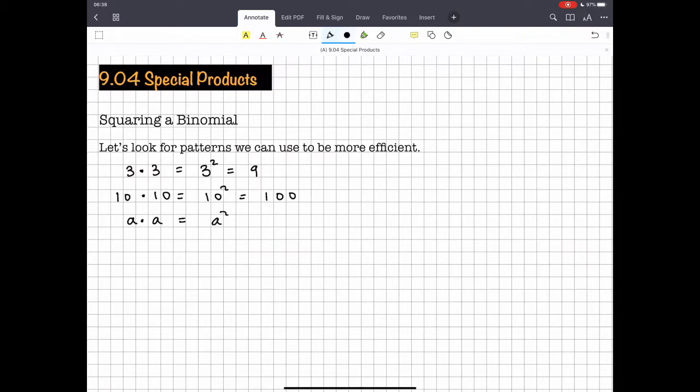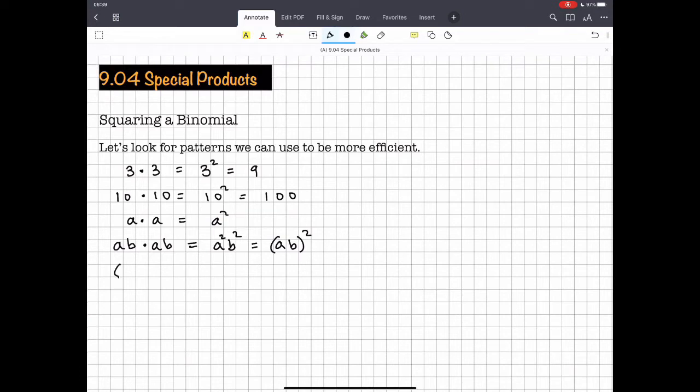And we can make this a little more complex. We could do ab times ab. And we could write that out as ab squared, or a squared b squared. We could even write it out as ab squared like that. We could even do this with binomials.